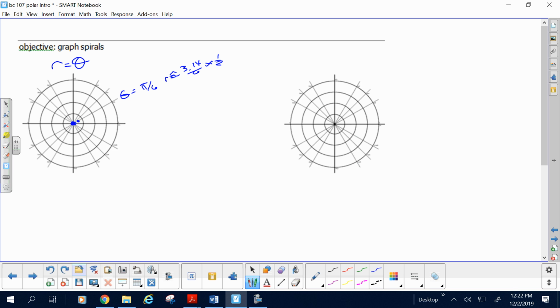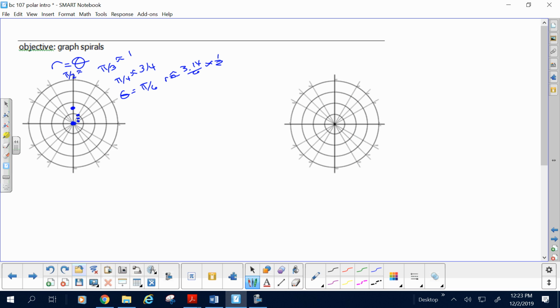Pi over 4 is roughly 3/4, yeah? Pi over 3 is roughly 1-ish, wouldn't you say? Yes. Pi over 2 is 3 over 2-ish, so 1.5-ish.